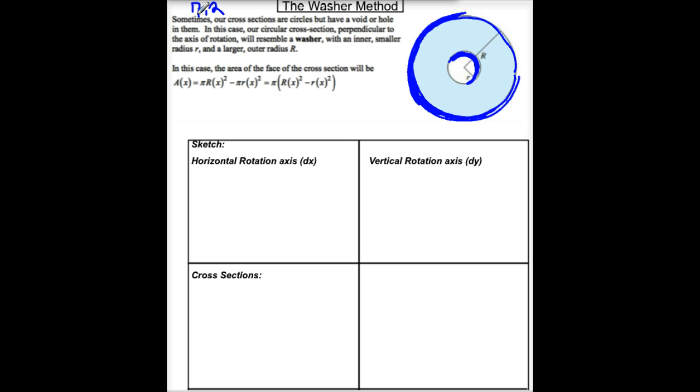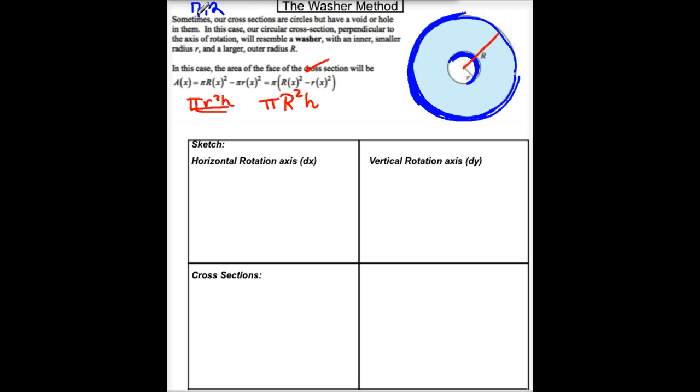What it involves is finding the volume of one of those, and it's really just the volume of a cylinder. Remember, the volume of a cylinder from geometry class is pi r squared h. The only difference is we have to do the whole thing and then subtract out the inner hole. So to find the volume of one of those washers, I do pi times the larger radius squared times the height.